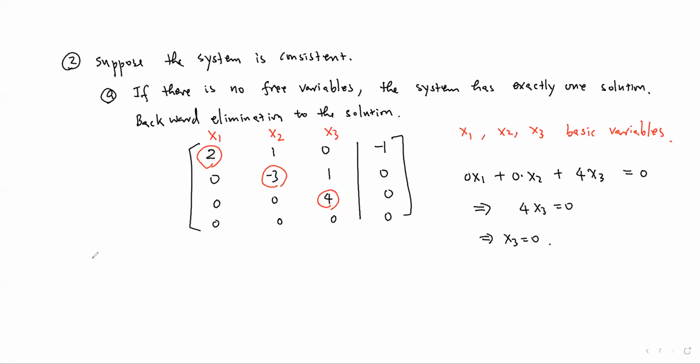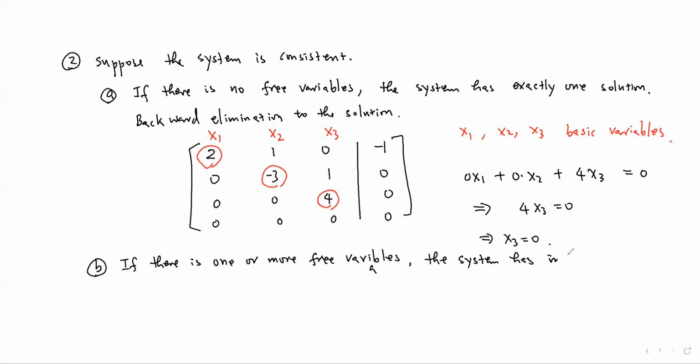Second case, B. If there are 1 or more free variables, then the linear system has infinitely many solutions.